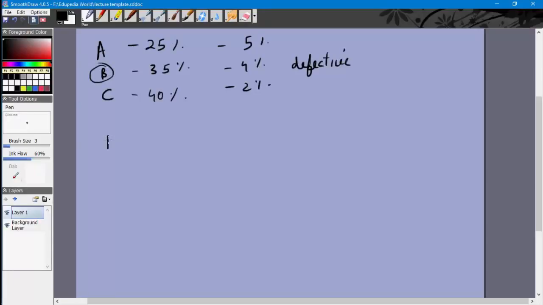So first, A, B and C are basically disjoint events because every bolt will be made from one of the 3 and you cannot have a bolt made from both of them. P of A is 25 by 100 or 1 by 4, which I'll just call E1, B as E2, C as E3, just for the sake of consistency for notation.